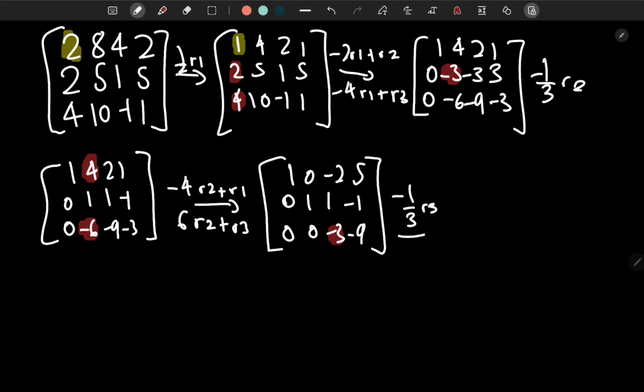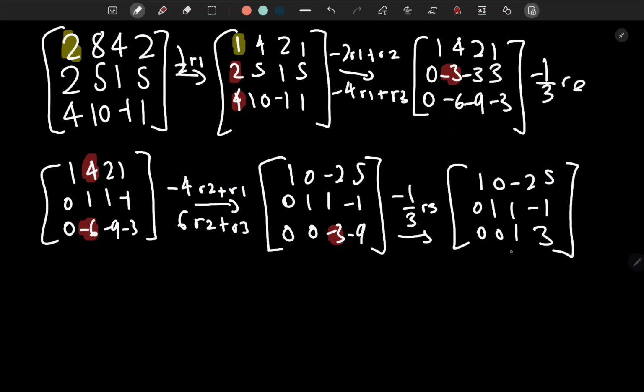And then we are going to be left with the first two pivots staying the same. 1, 1, minus 1, and then we have 0, 0, 1, 3. And our last step here is to get rid of these digits above the third pivot, right?